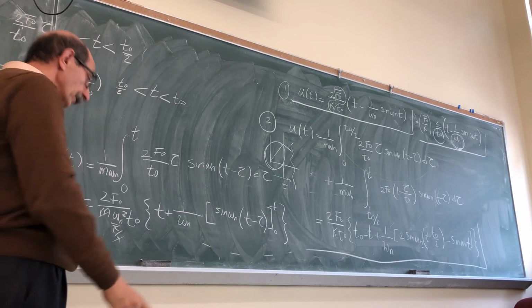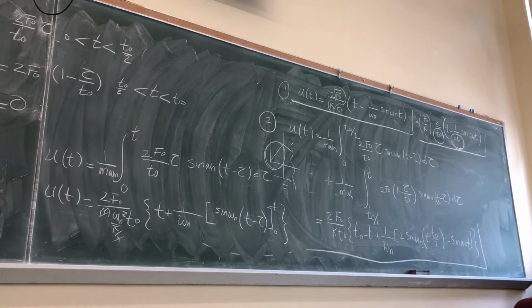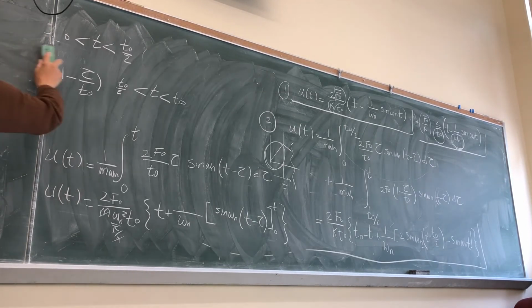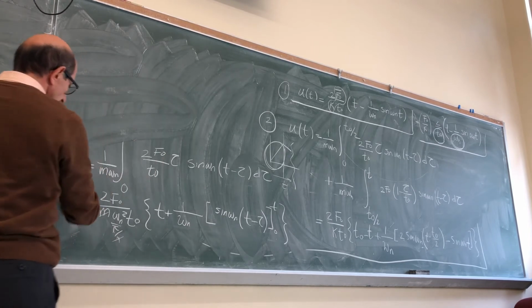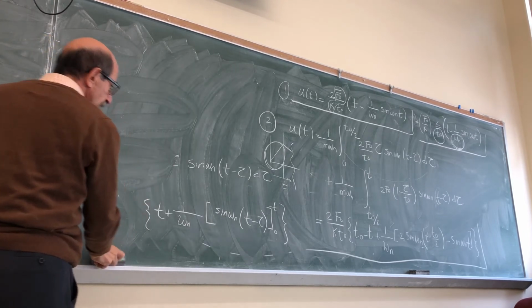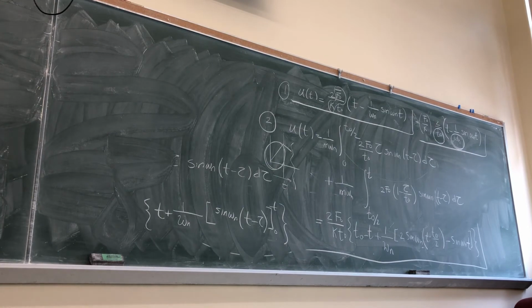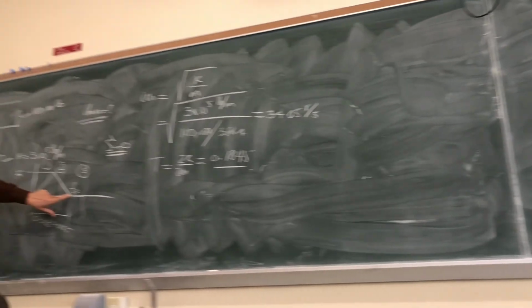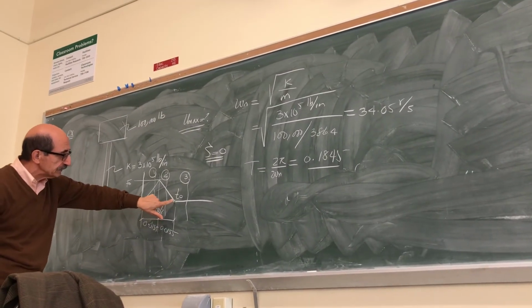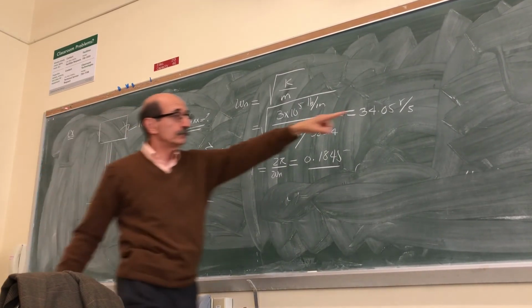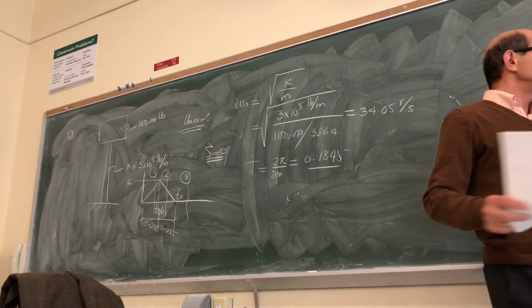Okay. The third region is when that impulse loading has ended and you're beyond the point t0, or the system is now experiencing a free vibration, but that free vibration is due to the initial conditions that have been generated here, or in other words, U and U dot evaluated at that point from that expression. That's one way of doing it.